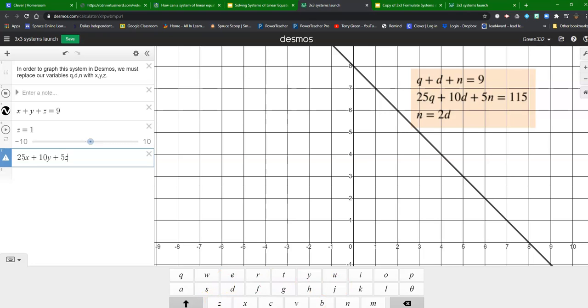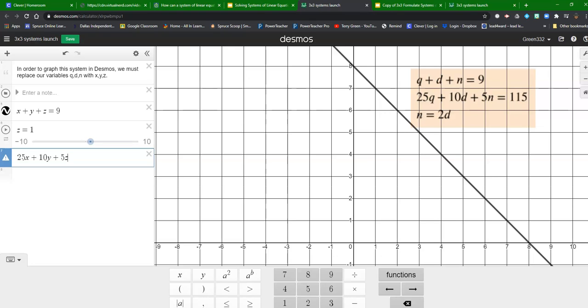Let's get back to the other side by doing this. Okay, let's press equals, and we need 115. Then let's get the last equation.